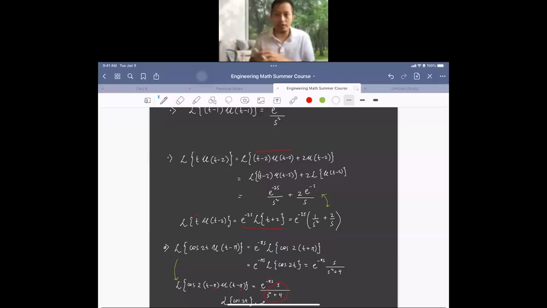I will mention it later after this review. Maybe you can have an A4 paper and write a table of Laplace. I think it will help you. So whatever question you have in Laplace, you can just look at the table and rearrange your forms based on the table. That will help at least to rearrange the Laplace and Laplace inverse.